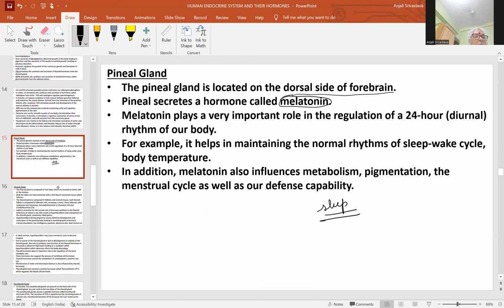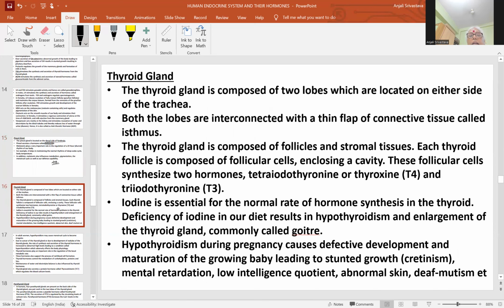Then comes the thyroid gland. Thyroid gland is a bilobed structure we have already seen. Thyroid gland 3 hormones secrete करता है, T3, T4 and calcitonin. T3 is the triiodothyronine. This controls the iodine production.